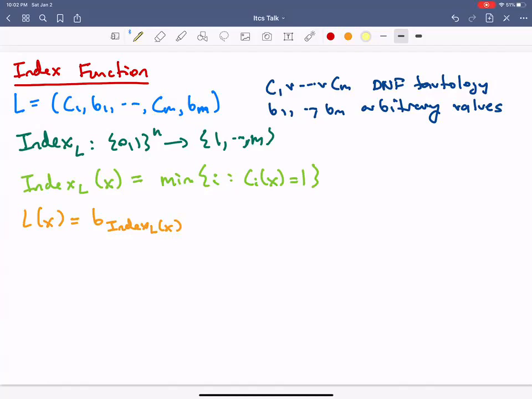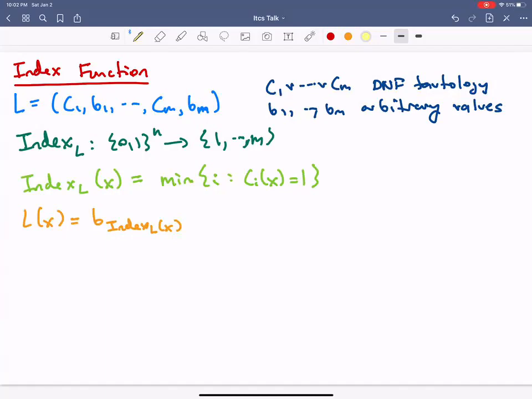Rather, I'm going to prove for you a related bound that contains all the essential ideas. One key definition is the index function associated with the decision list. Let L be any decision list of size M. Recall this means that the disjunction of clauses C1 to Cm is a DNF tautology.